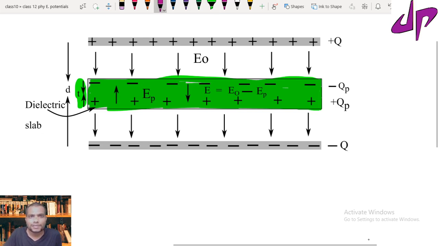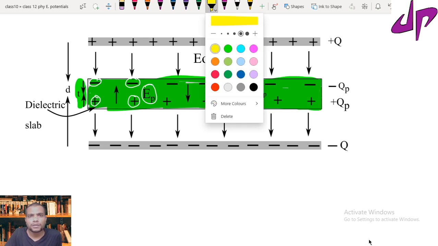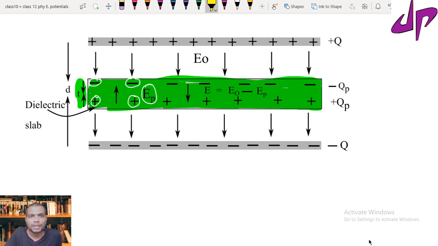Now what happens? If you closely observe, the charges get polarized, positive charge and negative charge. Because of the polarization, we can notice an electric field due to polarization inside the dielectric medium.